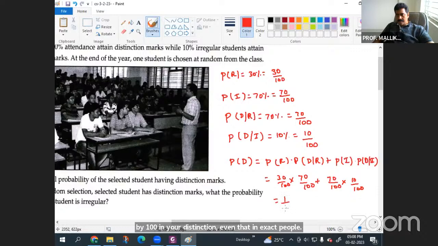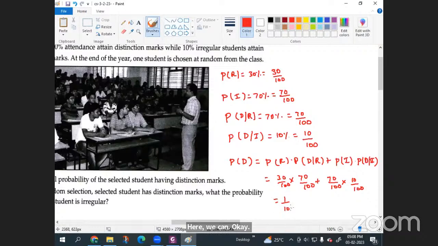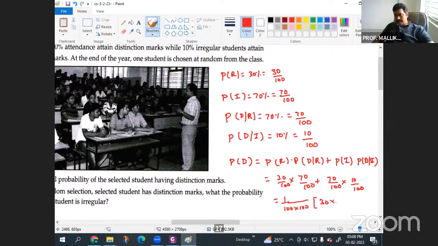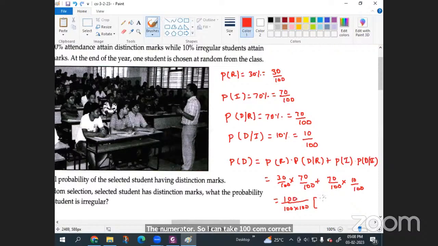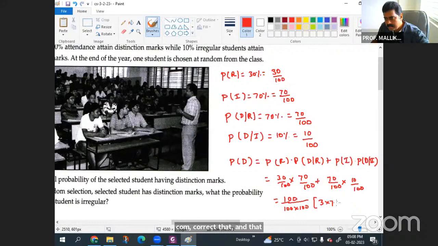So which is common? Here we can calculate. I'll take 1 by 100 common. In the numerator also I can take 100 common. 3 into 7, 7 into 10, 7 into 1.